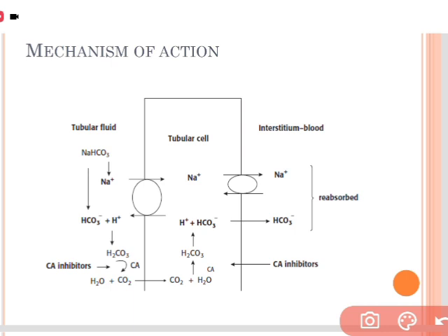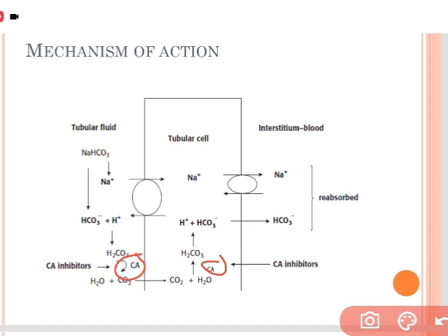Okay. Now acetazolamide inhibits the carbonic anhydrase enzyme in the tubular cell, as well as in the tubular fluid, in the lumen.